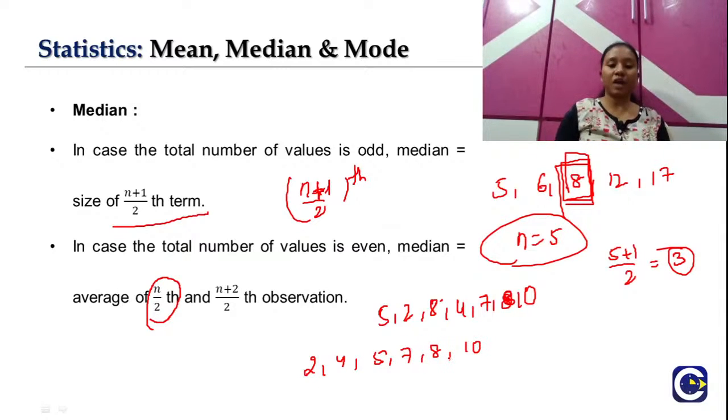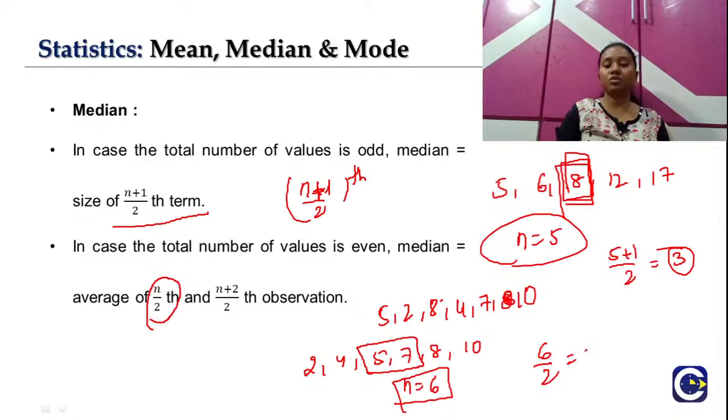Now as I have arranged, my number of terms is 6. So my median is the average of the n by 2th term, that means 6 by 2, the third term, and the (n plus 2) by 2th term, that means 6 plus 2, 8 by 2, which is the fourth term.